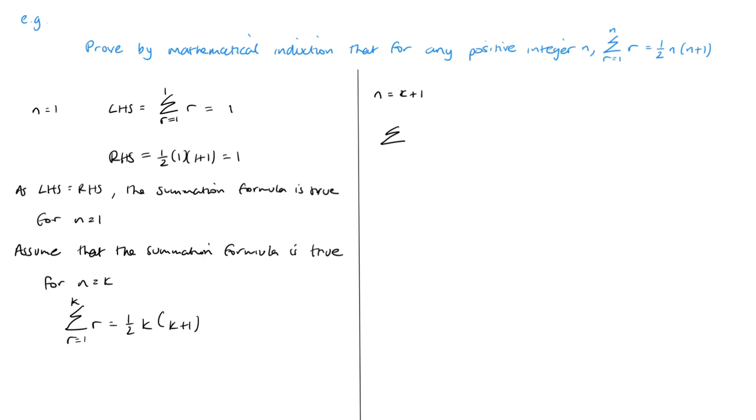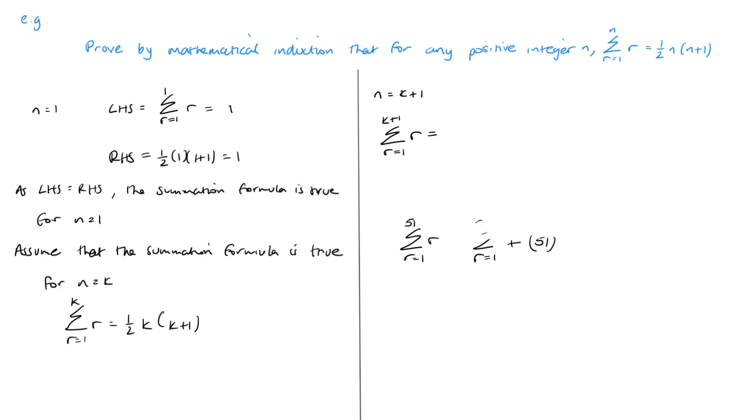Our summation, r equals 1 to k plus 1 of r. Now, if I was summing this to 51, I could say that this is the same as the sum to 50 plus, and then substituting the 51 into that r.